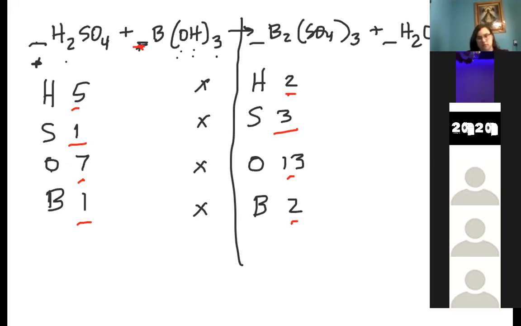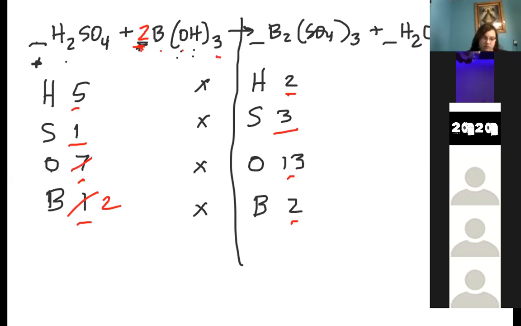So Nisi, just to prove my point, you tell me which one you want to do first, the S or the B? The B. The B? All right, if we're going to do the B first, we're going to say 2 goes right there. 2 times the 1 gives me 2 B's, okay? 2 times the 1 oxygen is 2, times the 3 out here is 6.